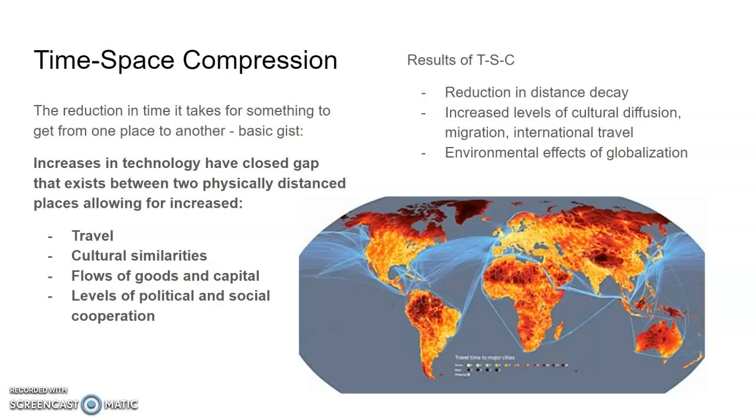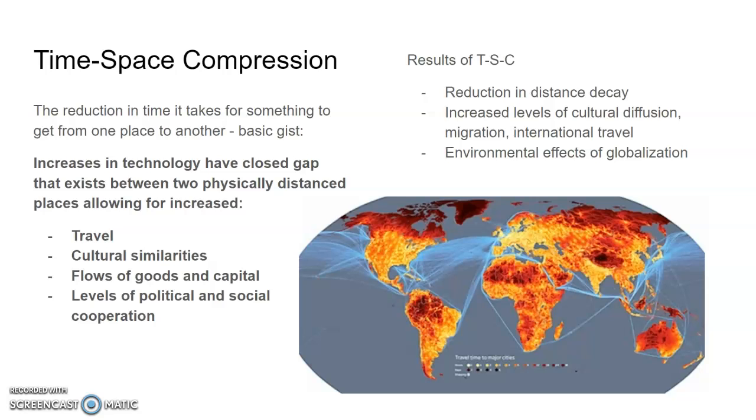Now we have airplanes and the internet and things like that making it easier for people and ideas and things to spread from one place to another. Essentially, we have seen increases in technology that have closed the gap between two physically distant places.